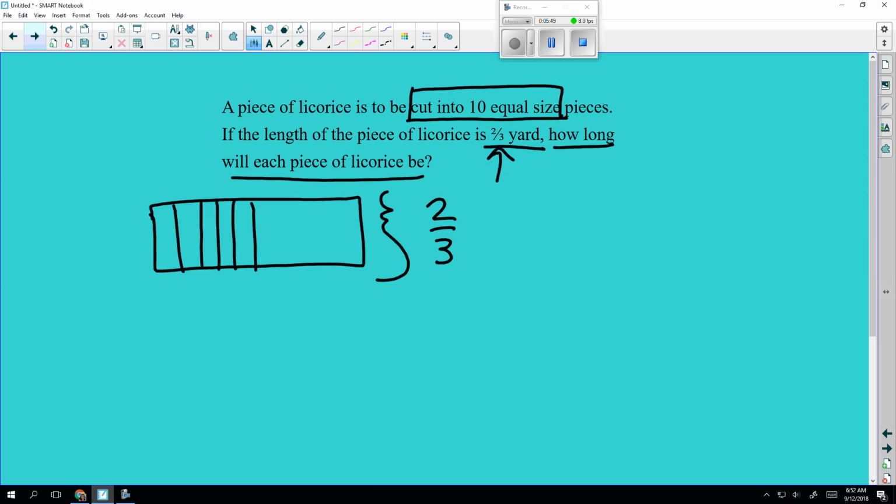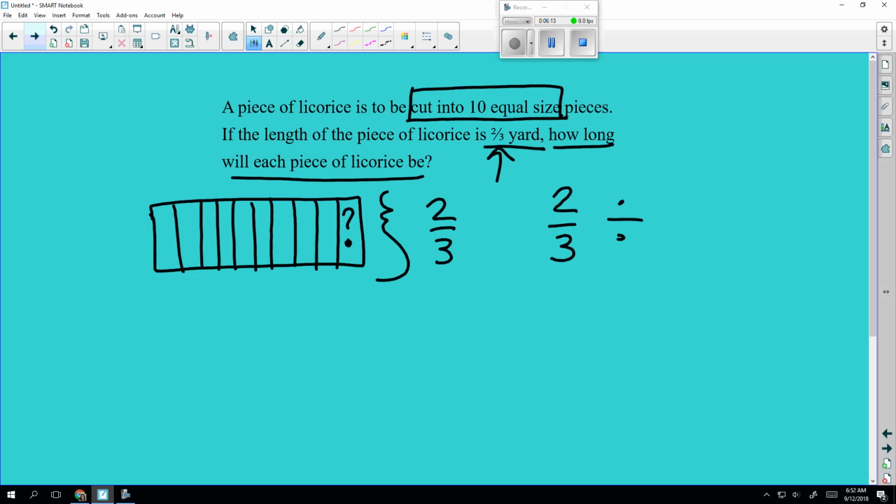Let's make sure that's 10. 1, 2, 3, 4, 5, 6, 7, 8, 9, 10. Okay, so I'm taking 2/3 and I'm dividing it into 10 pieces. So what do I not know? I don't know how big each piece is. Right away that tells me I started with a total of 2/3. That was my licorice.